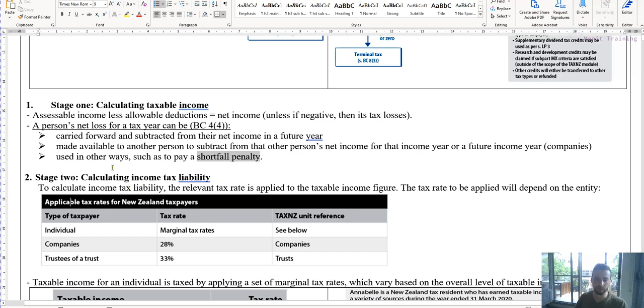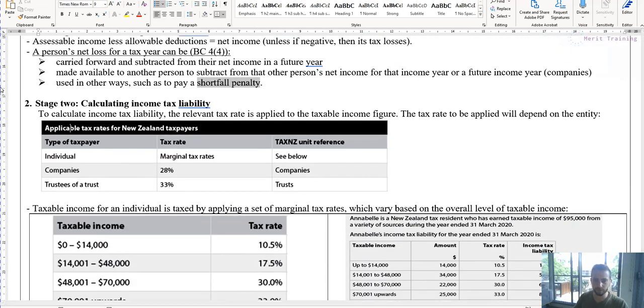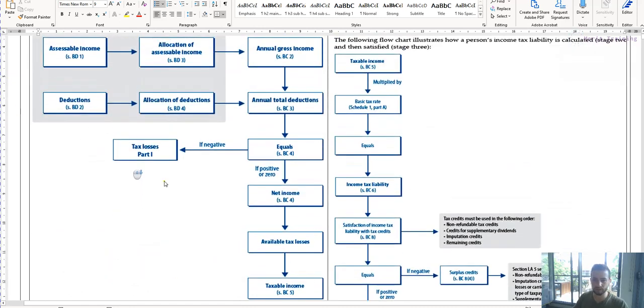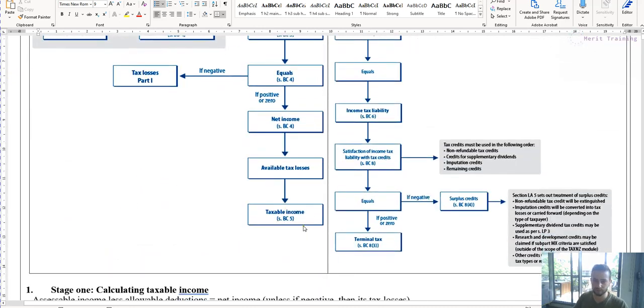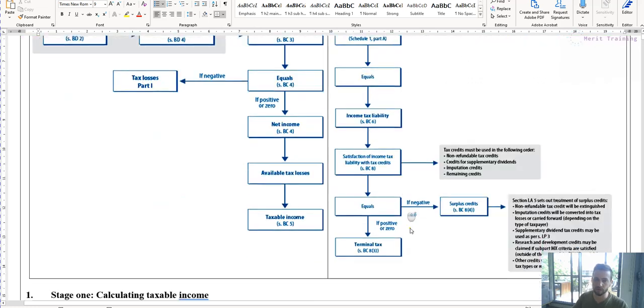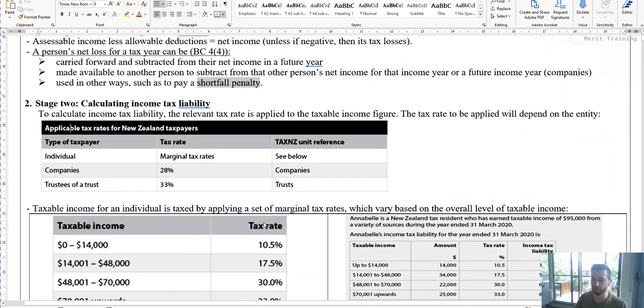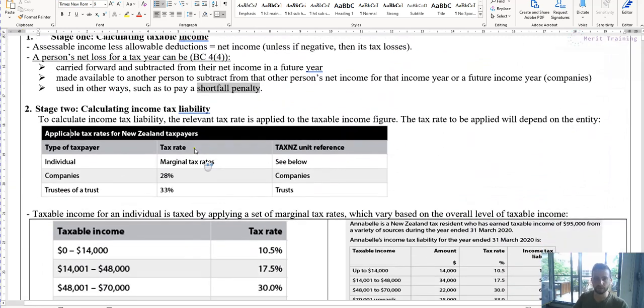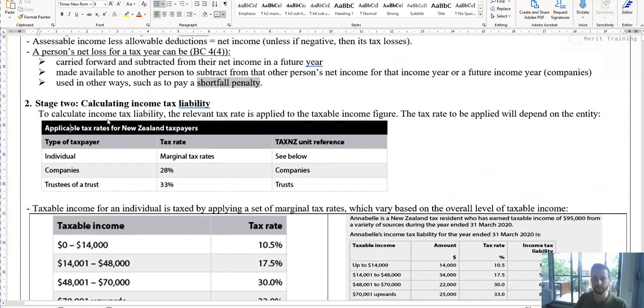and that can be above and beyond what your actual tax payment bill is. So we also talked about, once we get to this stage down here, we've got our taxable income, we then apply the basic tax rate per Schedule 1 upon that taxable income, and that will calculate the dollar amount you have to pay to the government. I also mentioned before that the tax rate will depend on what entity you are.